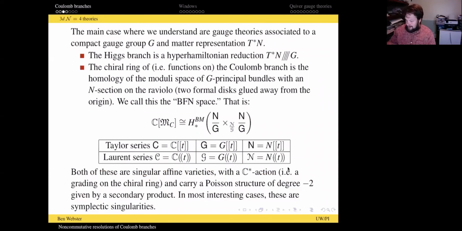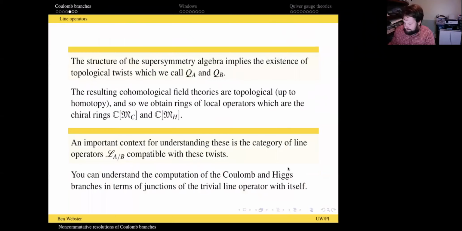This N mod G is something about looking at the trivial line operator. So you have fields that are valued in N, and you're looking at what happens as I get close to a line, and I don't force them to have zeros and don't allow them to have poles. Whereas this N_G is something about what happens when you remove the line, and so you allow yourself to have an interesting junction.